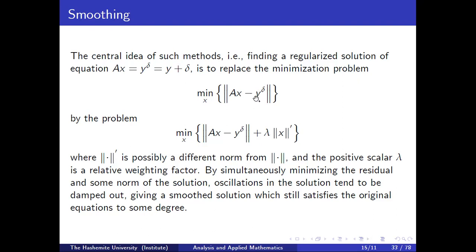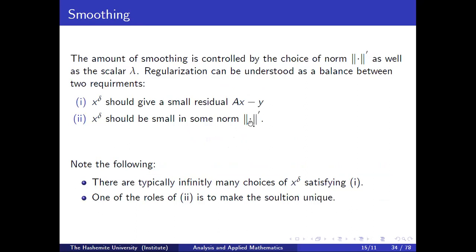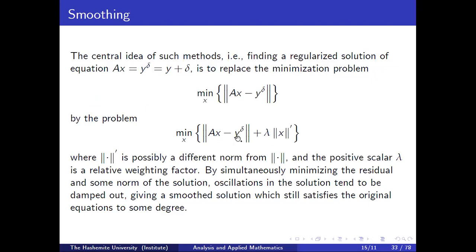And instead of that, the idea of Tikhonov is to minimize the residual, plus we are looking for the smoothest solution. In this case, if we minimize this instead of this, the benefit is here. The first condition is we are looking for a small residual, which is the first one, this one.